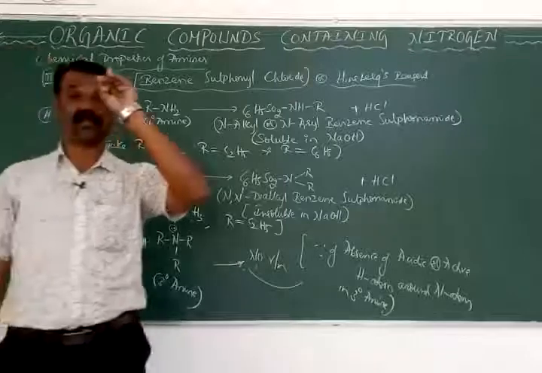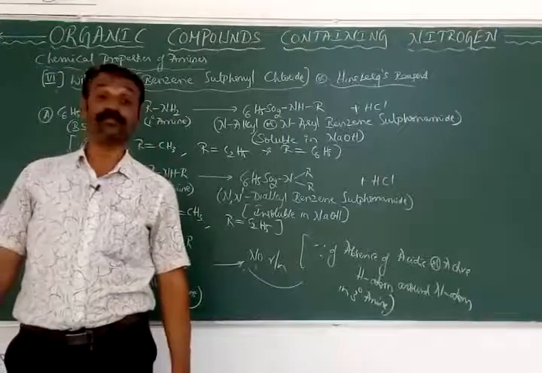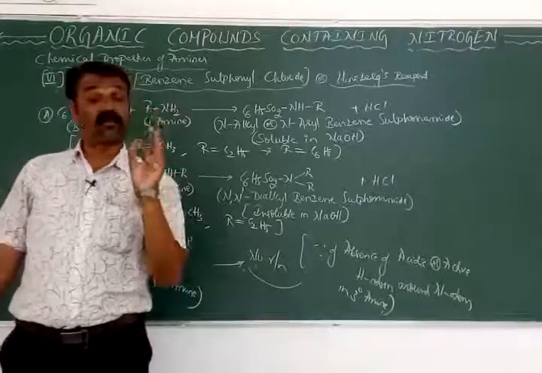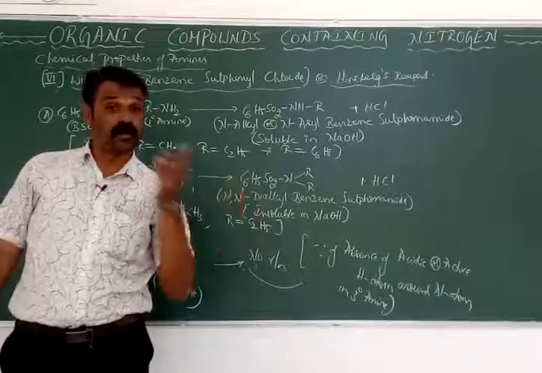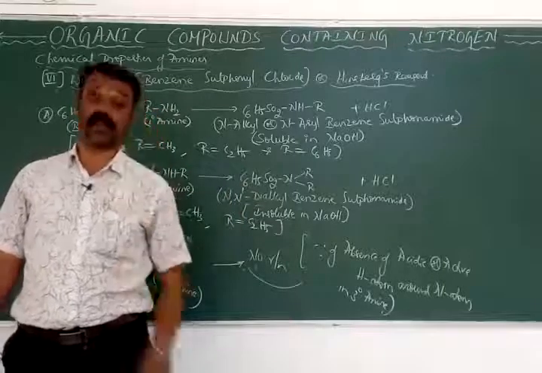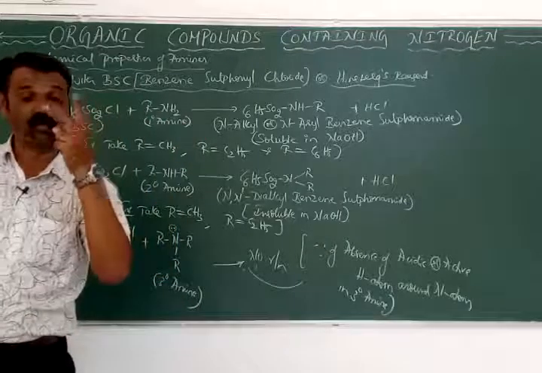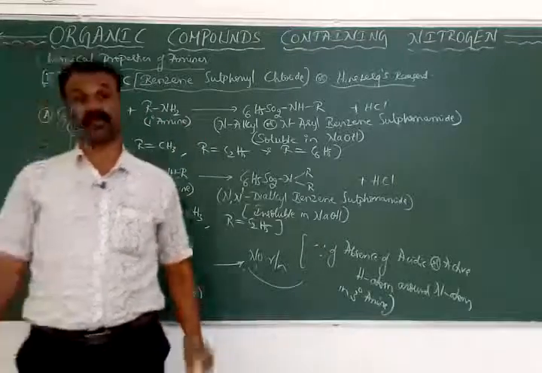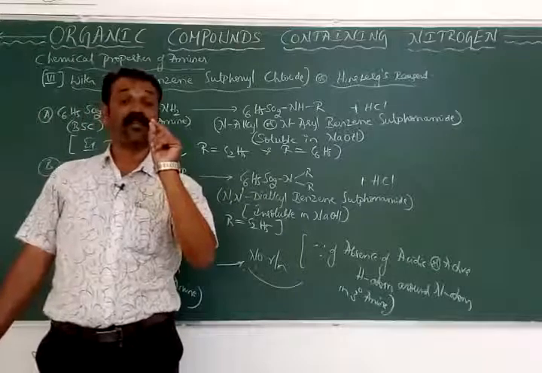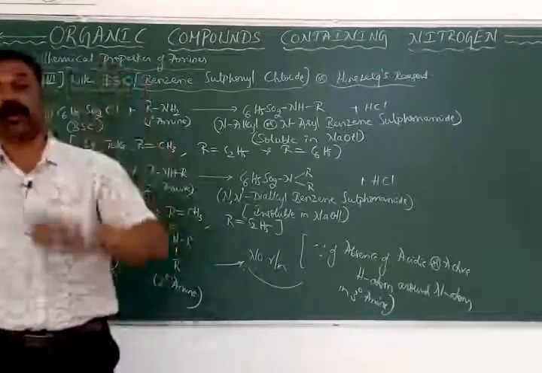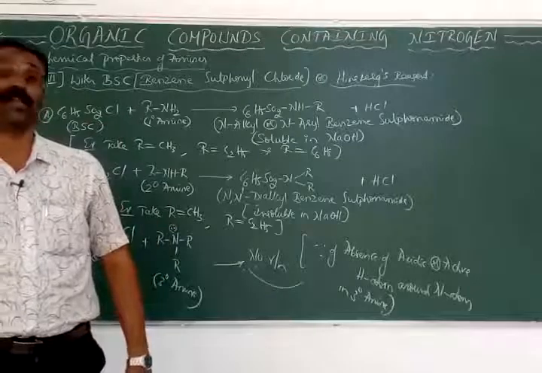Previously in the last session I discussed alkylation. What is that? Primary amines form quaternary ammonium salt by consuming 3 moles of haloalkane. Secondary amines also form the QAS by consuming only 2 moles of haloalkane, whereas the tertiary amines form the QAS by consuming only 1 molecule of methyl halide.